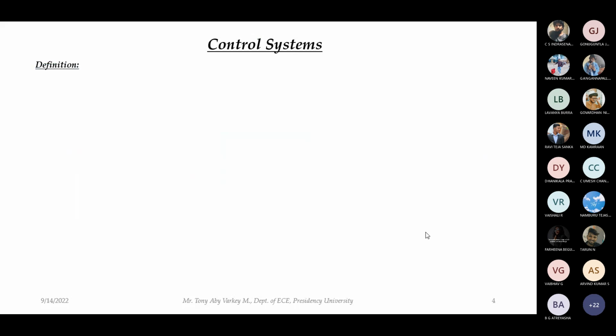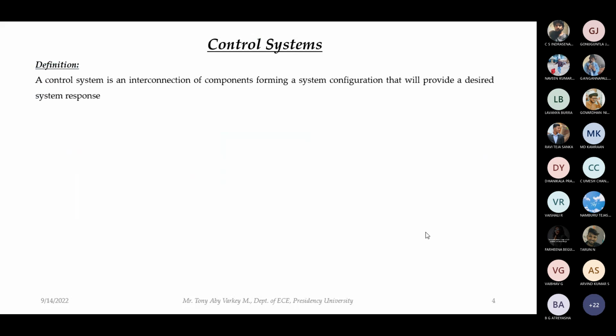Now we will come to the definition of control system. A control system is an interconnection of components forming a system configuration that will provide a desired system response. You can see that there are many subsystems: a measuring instrument, a controller, a final control element, and a process.